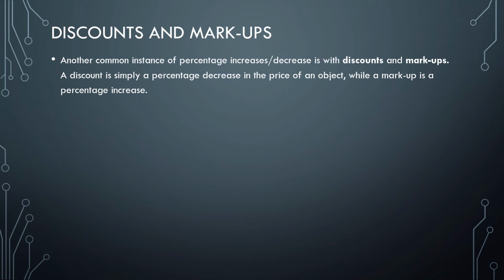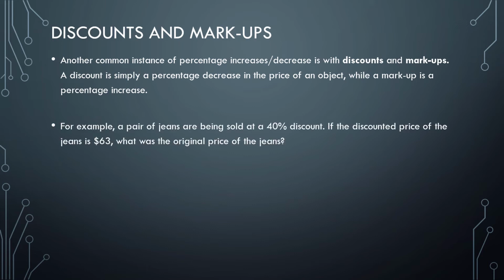Discount just means a percentage decrease. Sometimes it's a dollar amount, but we're thinking of this as a percentage. And a markup is a percentage increase. Usually this is in regards to the store buys the product for some amount of money, and then they need to sell it for a profit. So they sell it for more money, and the markup is the percentage increase.